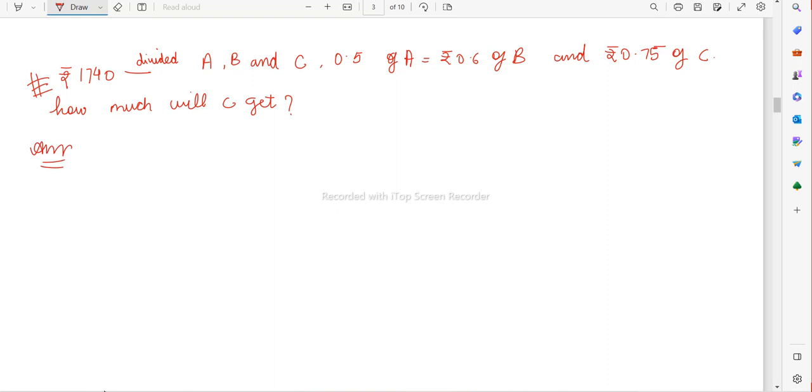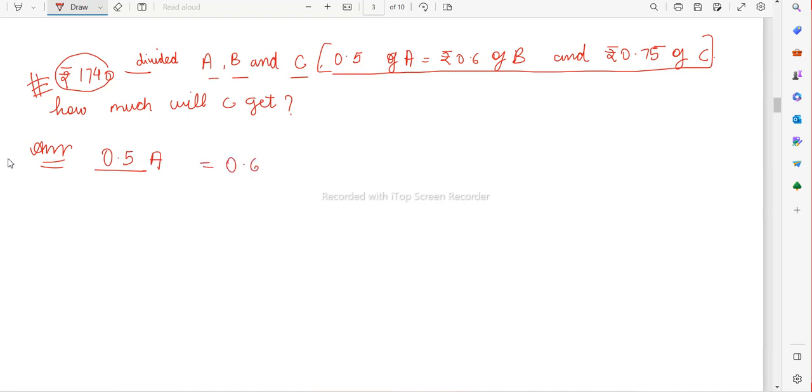So this is the total sum, and it has been divided between A, B, and C. Consider the statement about 0.5 of A separately, as this is going to help you create your ratio. 0.5 of A is equal to 0.6 of B is equal to 0.75 of C. Now if I remove the points, this would be upon 100, this would be upon 10, and this would be upon 10.